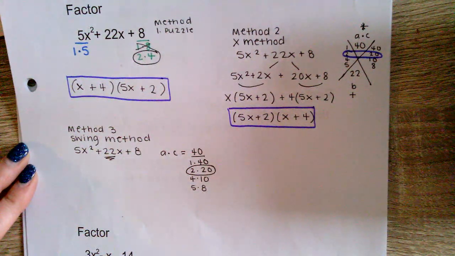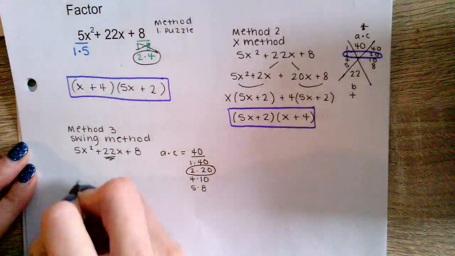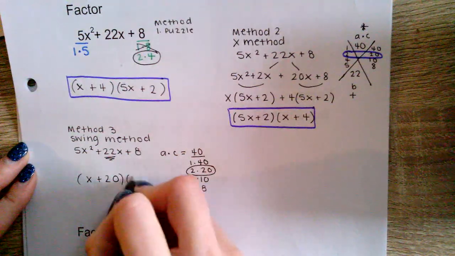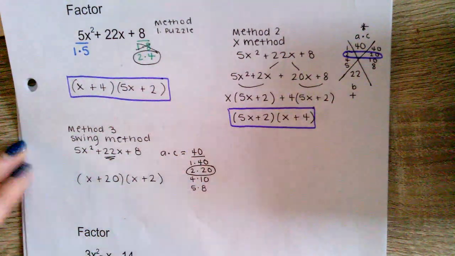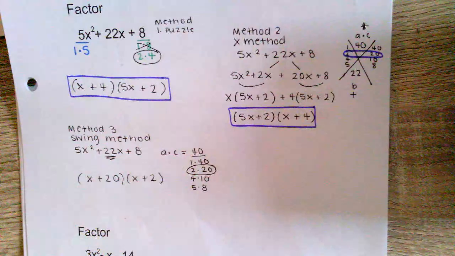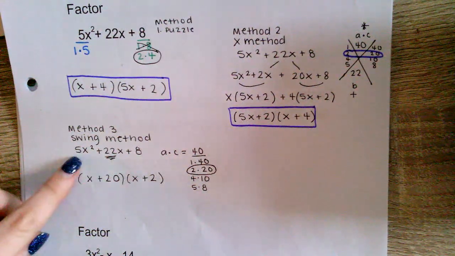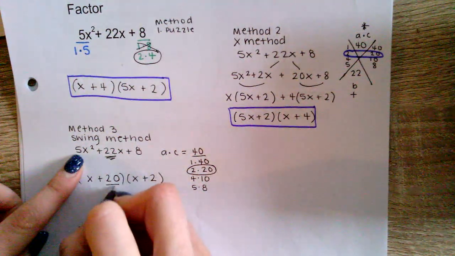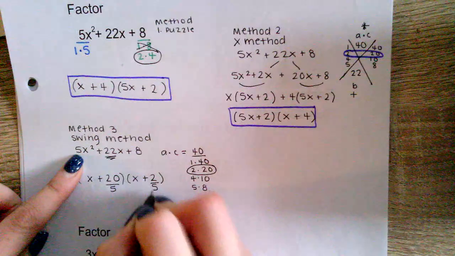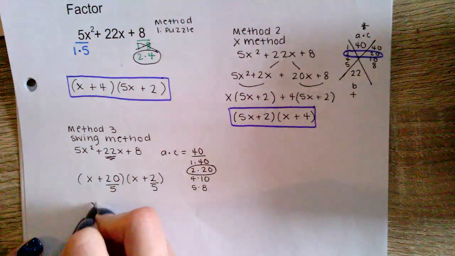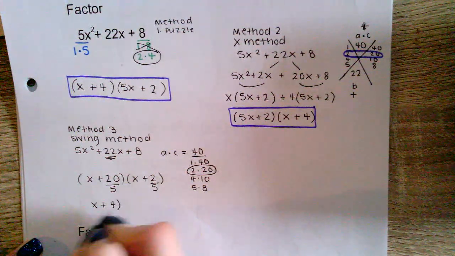So what we are going to do now is use those 2 numbers in parentheses. So we're going to do x plus 20, x plus 2. We are not done yet because you can see that our answer does not match the other 2 questions. So what we need to do, and what makes this the swing method, is we are going to divide by the leading coefficient. So if I divide by 5 and divide by 5 both of the numbers that I got from my parentheses here, we know that 20 divided by 5 simplifies, so it becomes x plus 4.